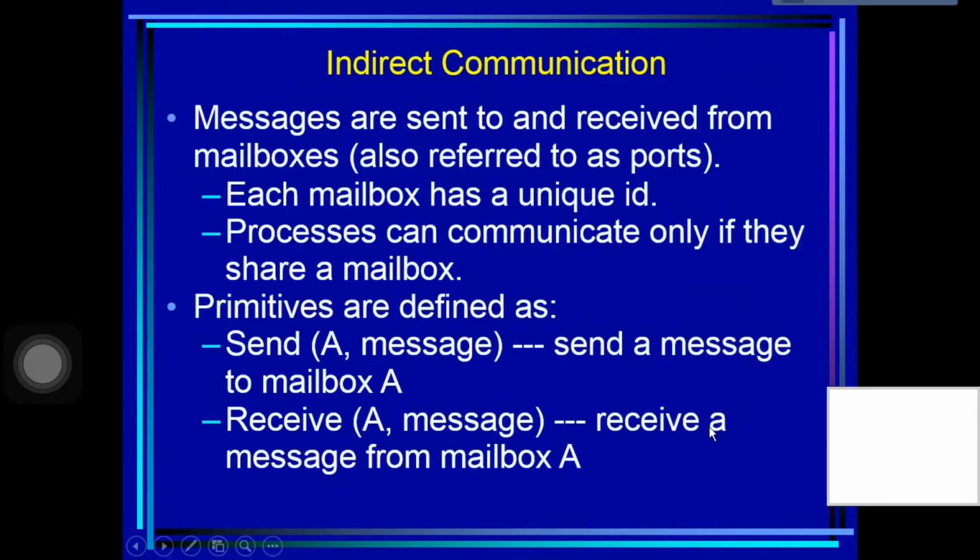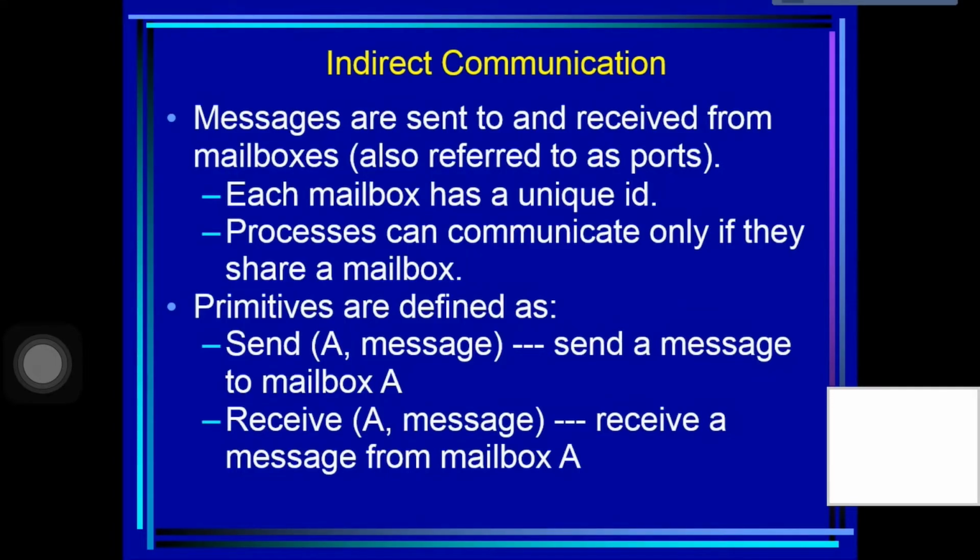With indirect communication, the messages are sent to and received from mailboxes or ports. A mailbox can be viewed abstractly as an object into which messages can be placed by processes and from which messages can be removed. Each mailbox has a unique identification.